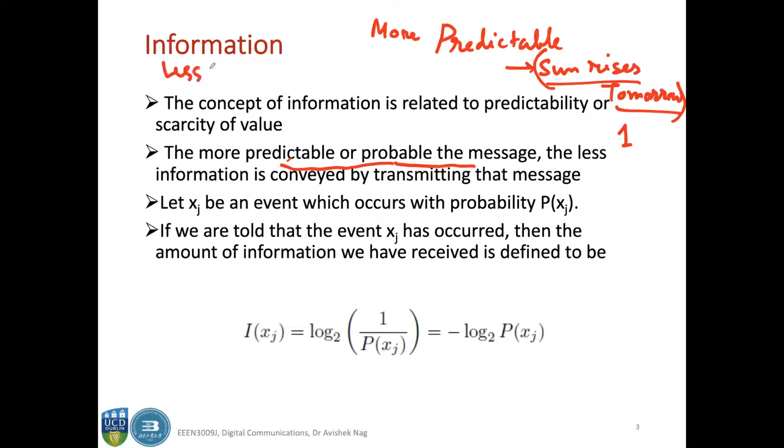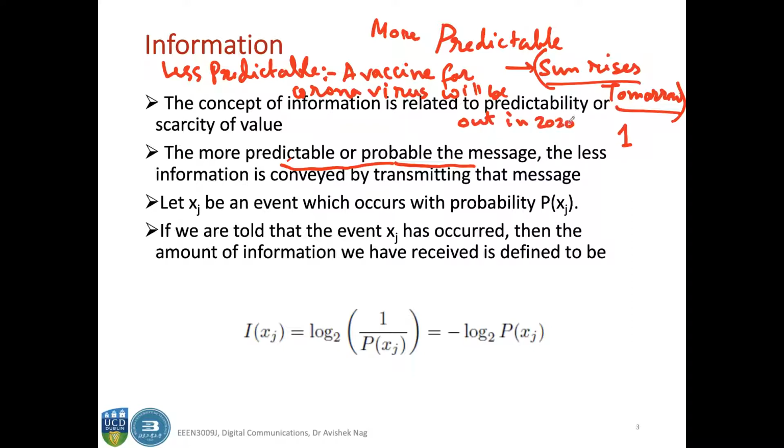a less predictable thing. An example of a less predictable thing would be, let's say, a vaccine for coronavirus will be out in 2020. So this has a low probability.